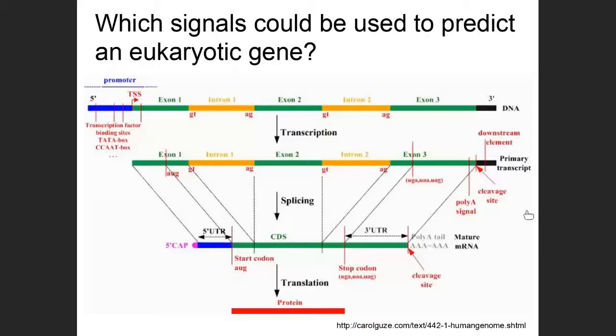All right, so here's some representation of what we could use to predict eukaryotic genes. I told you about the start codon. So this is the transcription start site, and over here, or maybe over here, the start codon would be the beginning of exon 1.